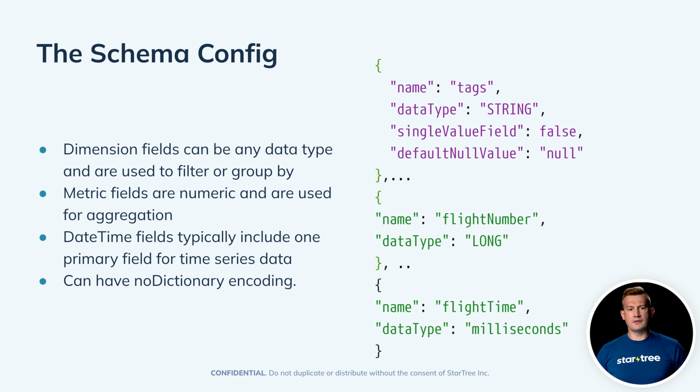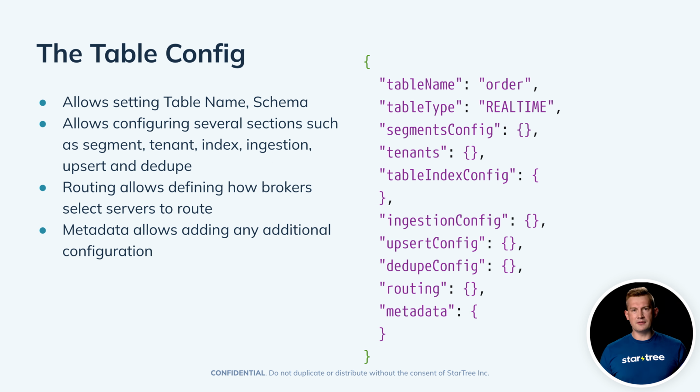Inside the schema config, you can specify that dimension fields can be used to do filter or group by operations. Metrics fields will be used to aggregate data, and datetime fields typically include one of the primary fields for time series data. The table config will include the table name and the corresponding schema.